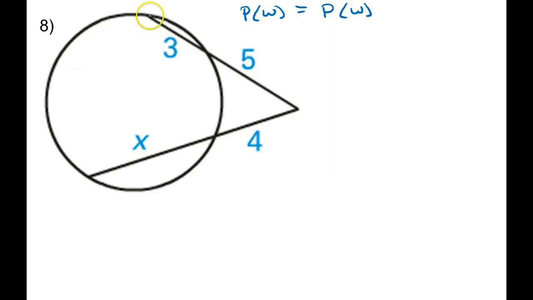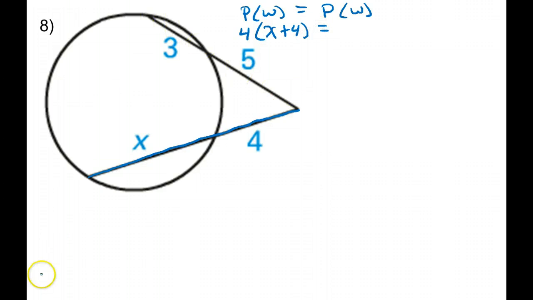So, let me do this blue secant segment first. The part is this 4. So, it'll be 4 times the whole, which is x plus 4. It's the whole thing, x plus 4. So, there's part times whole.